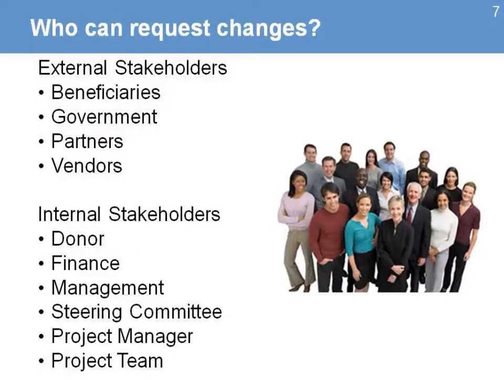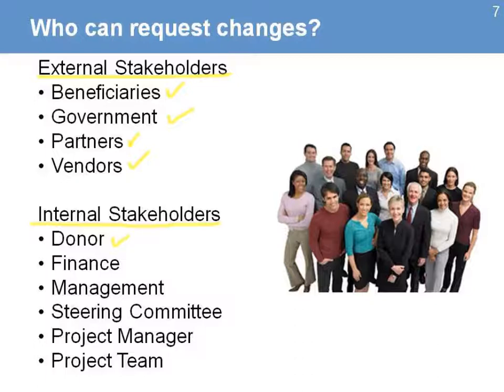Who can request changes? We have external stakeholders that include beneficiaries, people from the government if the project is involved with the government, partners, vendors. They can contribute with ideas and suggestions about changes that can improve the project. We also have internal stakeholders.